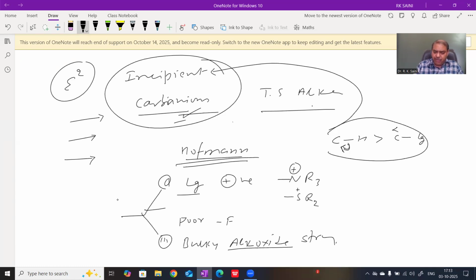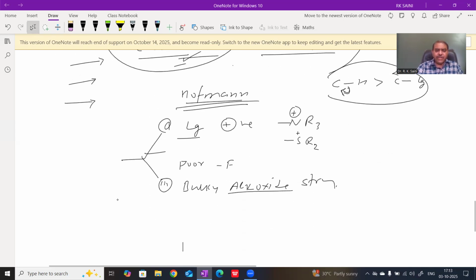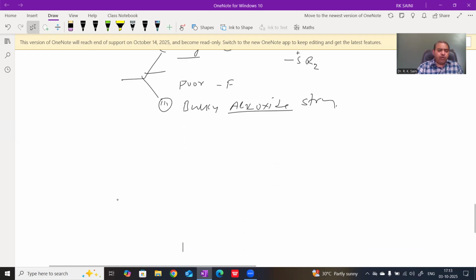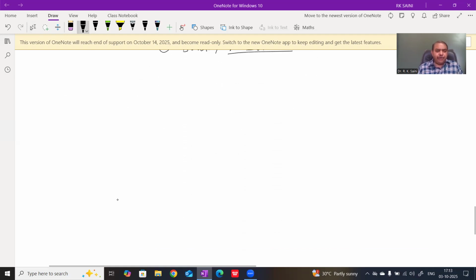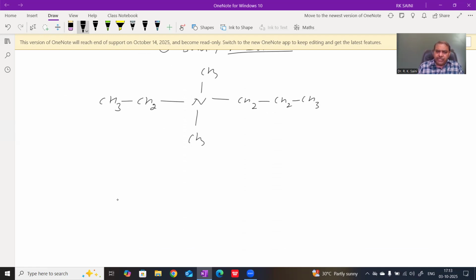For example, elimination in quaternary alkyl ammonium hydroxide. This is the quaternary alkyl ammonium hydroxide.